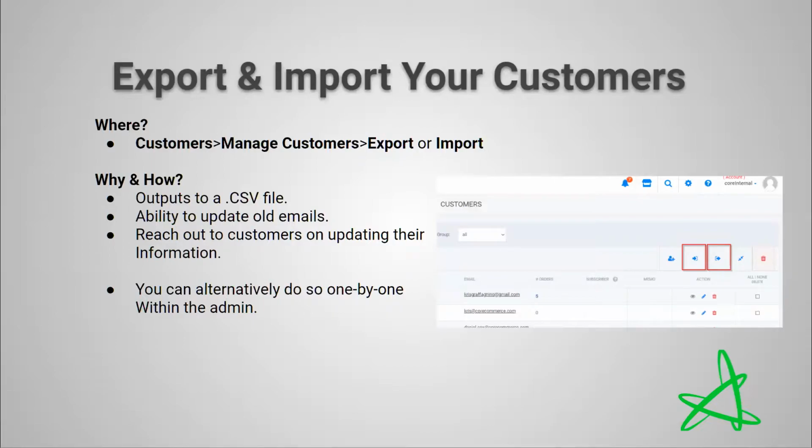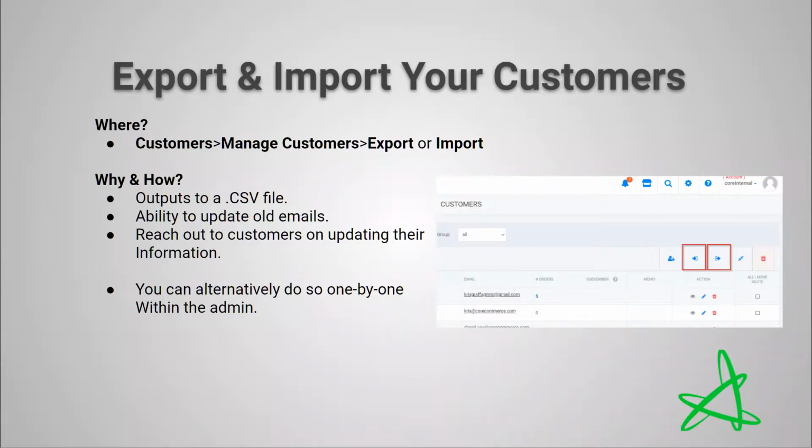This is going to output to a CSV file, which you can open in Excel, Google Sheets, or any other spreadsheet editor. This is going to give you the ability to update any old emails, add in a new email, and you can do so in bulk. And importing and exporting function exactly the same via the admin panel.